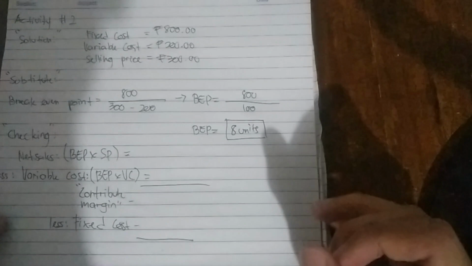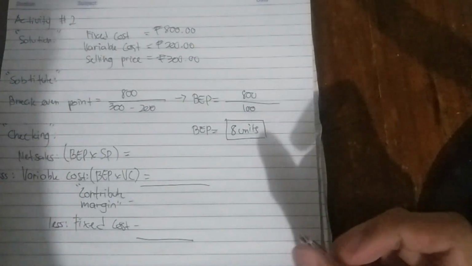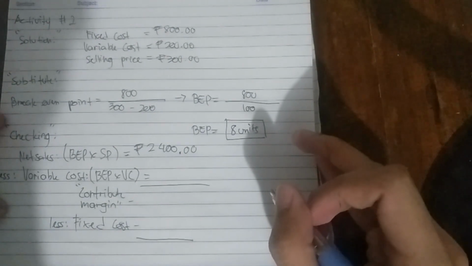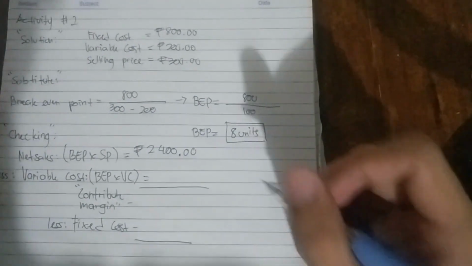Net sales. BEP times SP, you'll get 2,400. And variable cost na BEP times VC, you'll get 1,600.